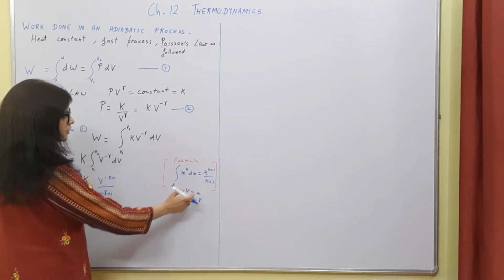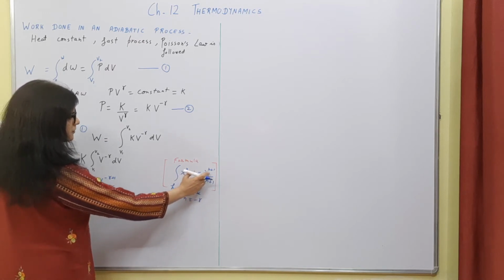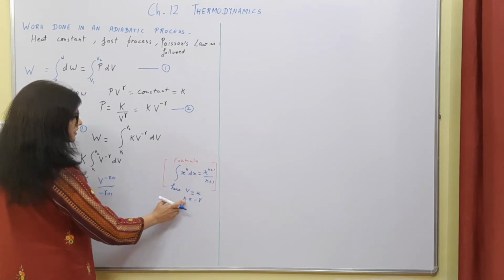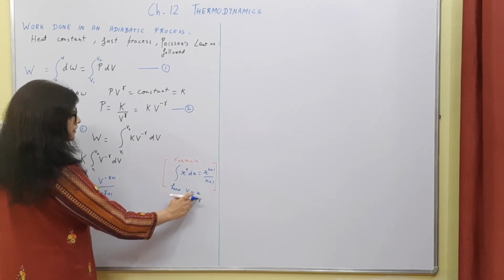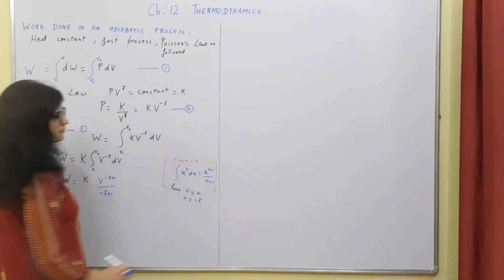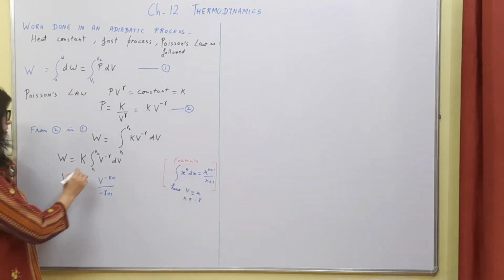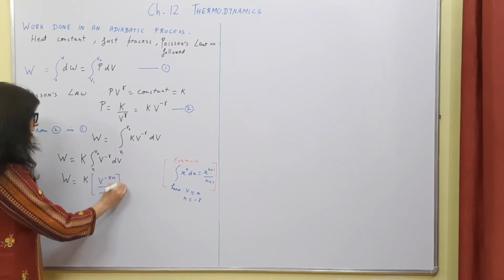So putting the values, this is V to the power minus gamma plus 1 upon minus gamma plus 1. So this is the integration.